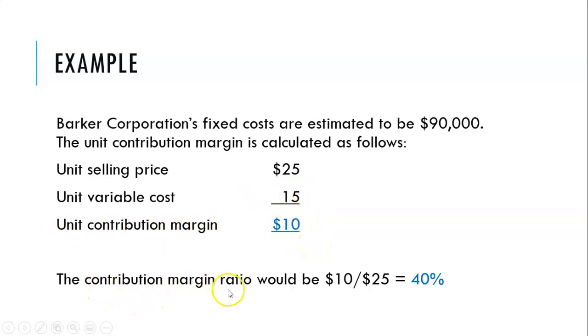So our contribution margin ratio would be the unit contribution margin divided by the selling price. 10 divided by 25 is 40%. So we know our unit contribution margin at $10 and our contribution margin ratio of 40%, our fixed cost of $90,000.